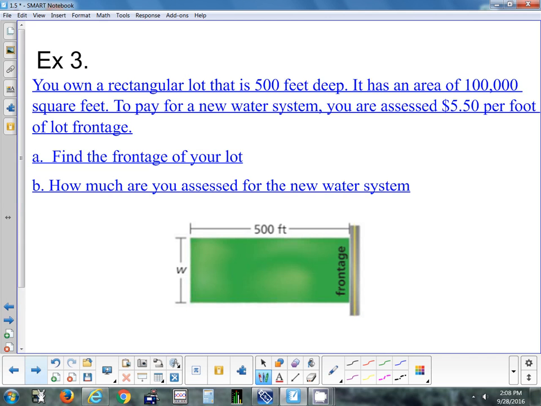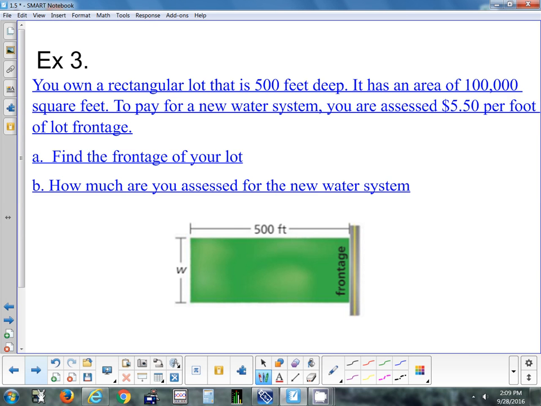So to pay for a new water system, the city charges us $5.50 for every foot of what's called frontage. Frontage is the amount of property you have up against the road. It doesn't matter how deep your property is. It just matters how much of your yard runs along the road.